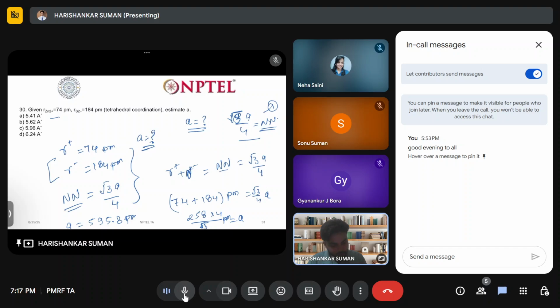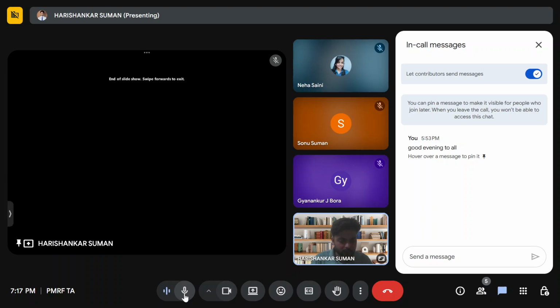In Angstrom, it will be 5.9, almost 6 Angstrom. So the answer will be C. Are you getting this? Okay, so this is all.